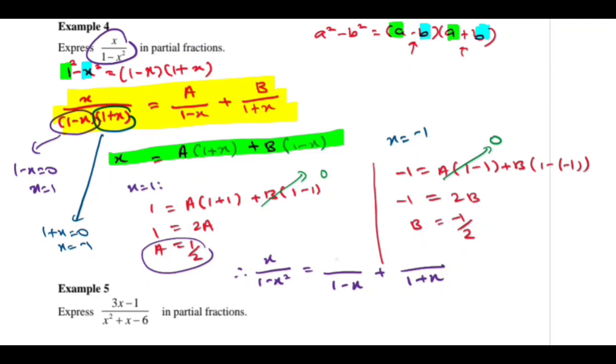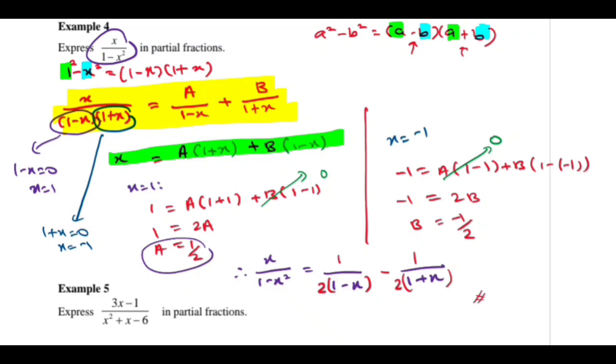But remember, since this is a fraction, you have to write 1 on top but 2 below. And also the same for b. There's a negative sign there, so negative times positive is just negative, so I'm going to change this positive sign to negative. So it's negative 1 here, and then 2 will be with the denominator. So that's your final answer. You can just leave it like that.